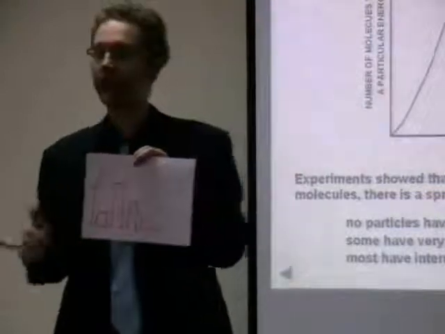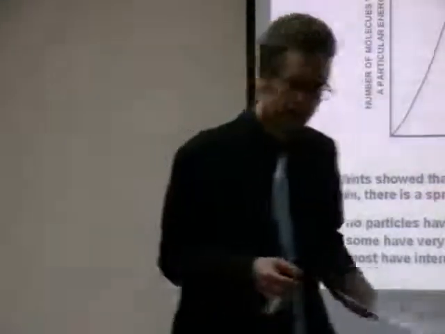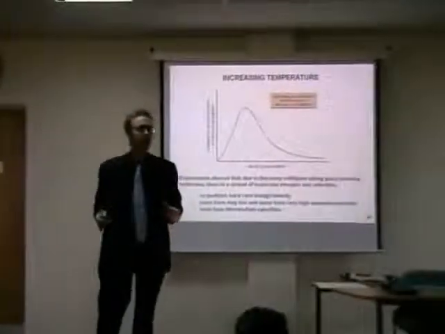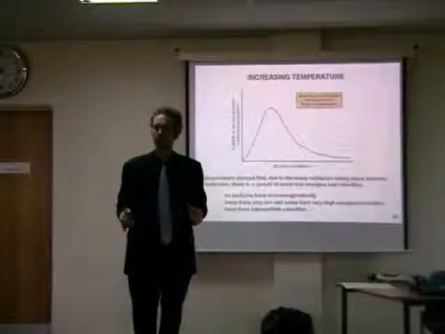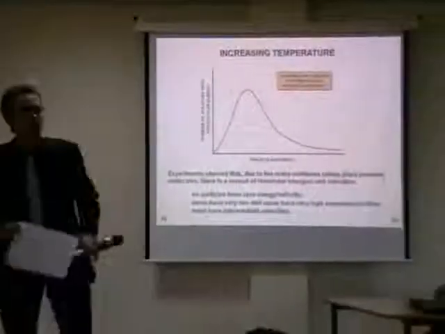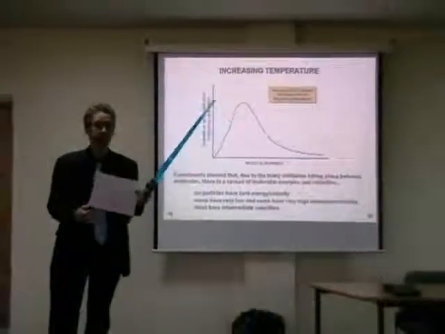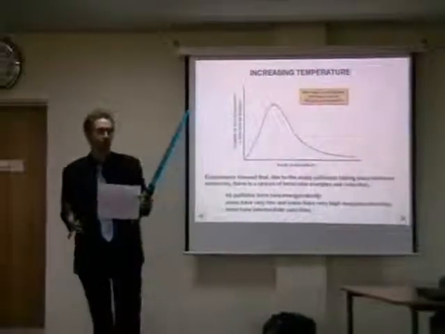Okay? Now, if you think about it, okay, it's all right, you can pan back now. If you think about it, you're walking through a shopping mall, minding your own business. So what we have here is a distribution of speeds of different people moving around a shopping mall.